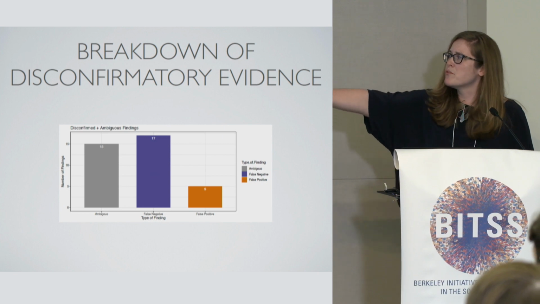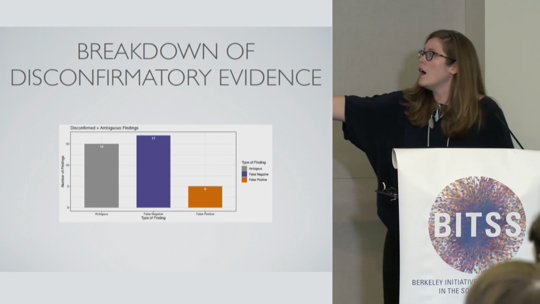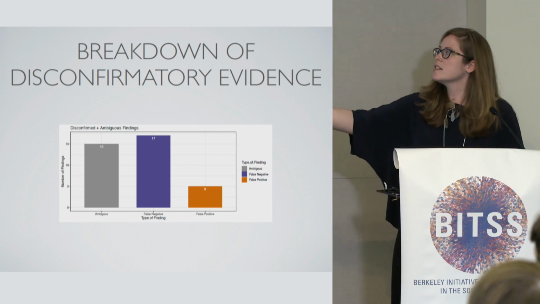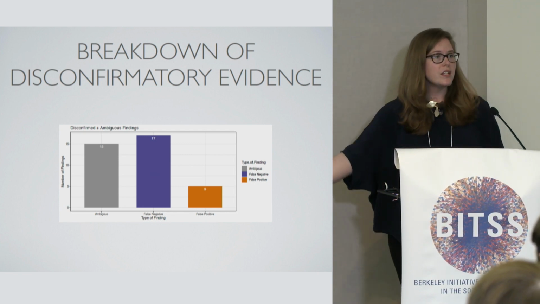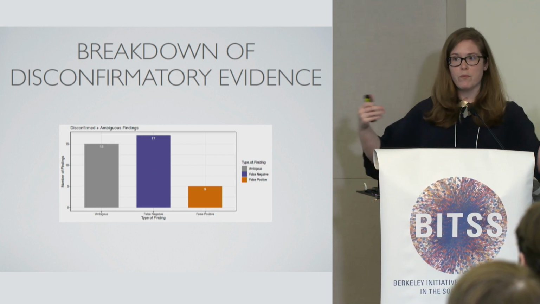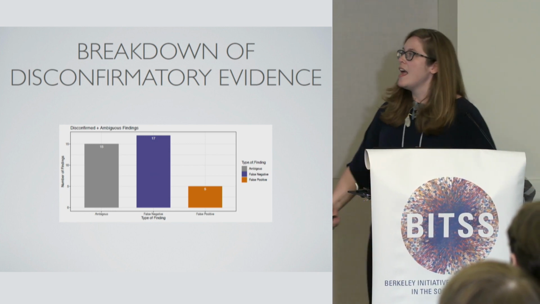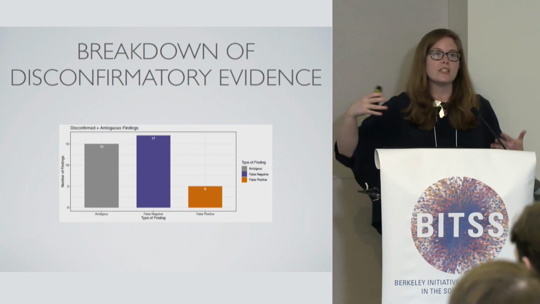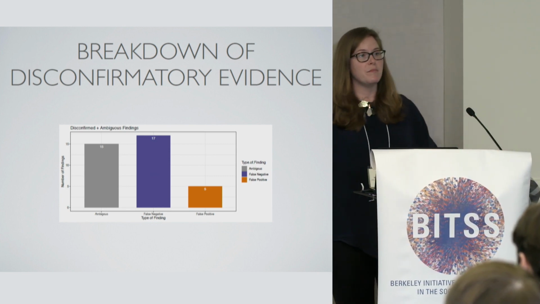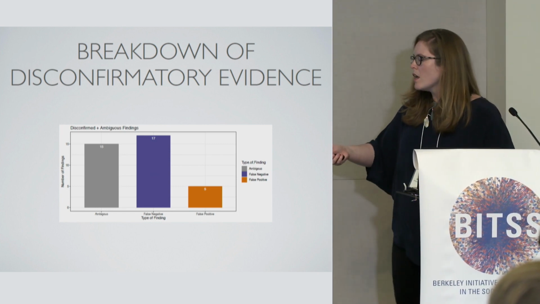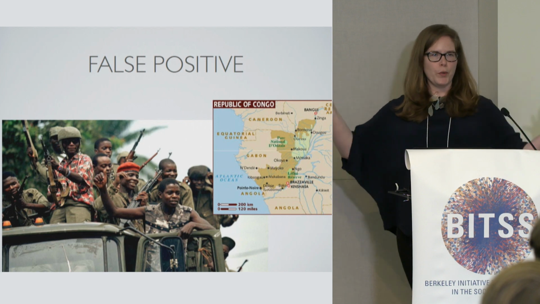I also mentioned we broke this down into false positives and false negatives. So the orange to your right is the false positives. So these are the cases in which he said a mechanism was there, but we found that it was not. And then the majority of these were actually cases in which the mechanism was in place, but he did not recognize it. So what does that mean in the real world?